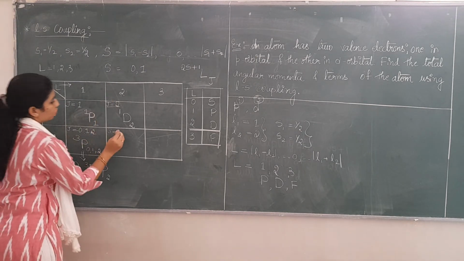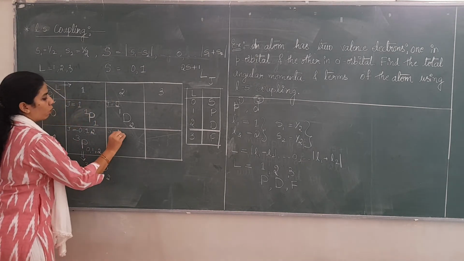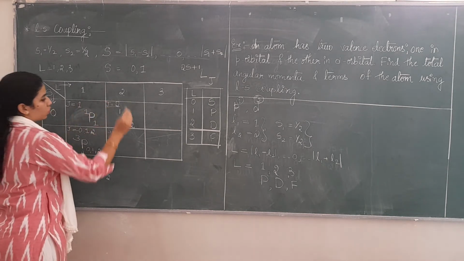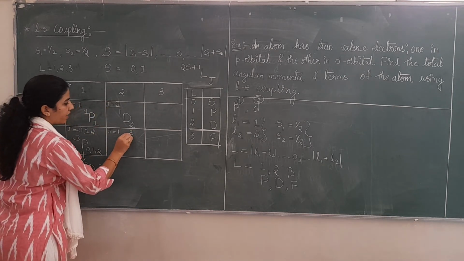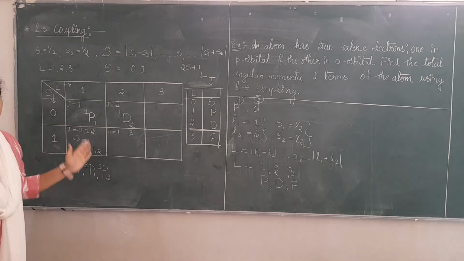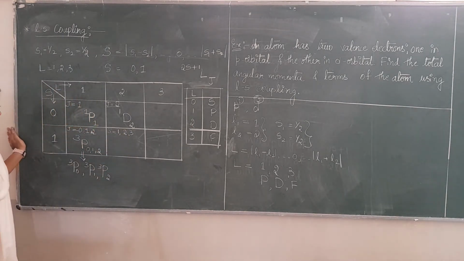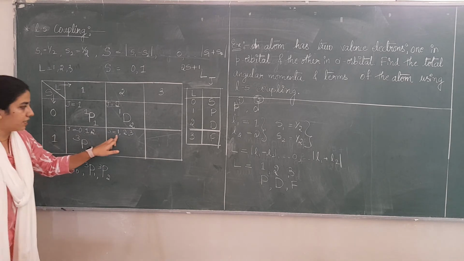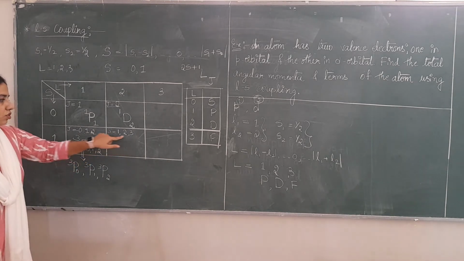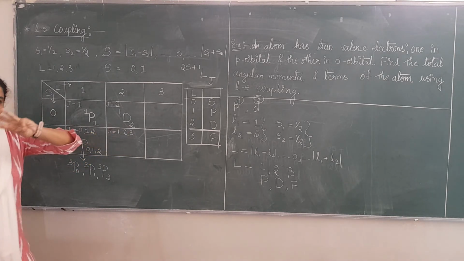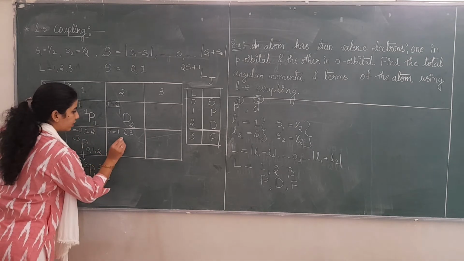So 1 minus 2 under mod will be 1 up to 1 plus 2 is 3. In between these, whatever integer terms come, we have to write. Now multiplicity here, by seeing this only you have to tell me what is 2s plus 1. 3 values are there, so the multiplicity is 3.